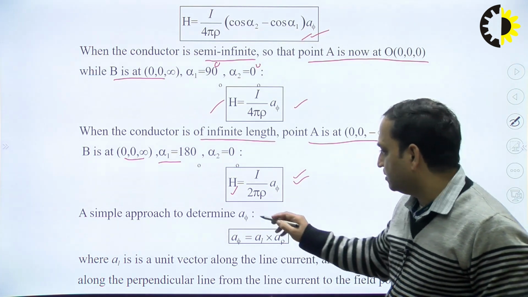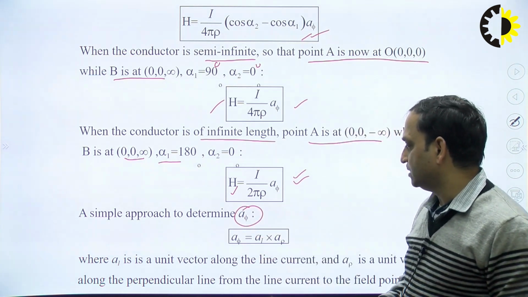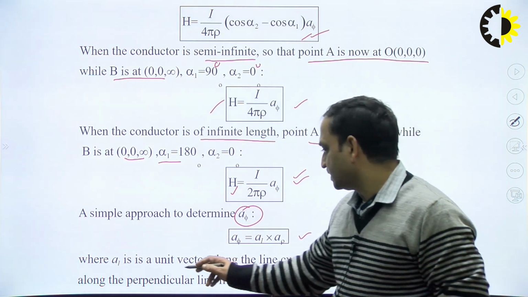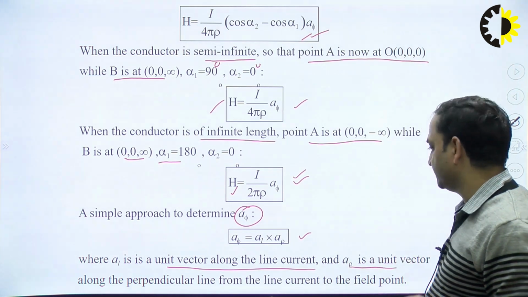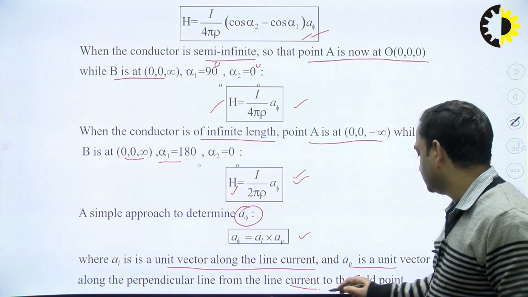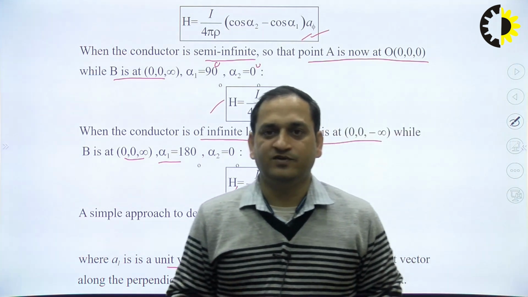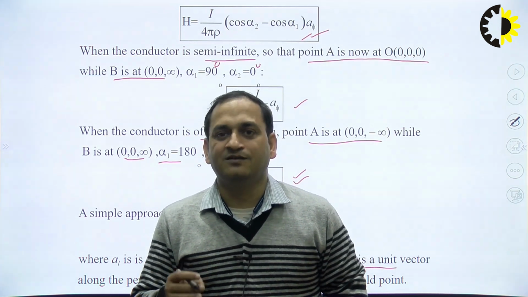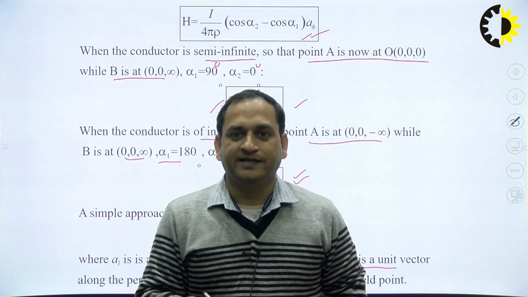Okay, so this is one of the formulas you can go through: A phi is equal to AL cross A rho, right? So AL is what? This is a unit vector along the line current, and A rho is the unit vector along the perpendicular from the line current to the field point. Okay, so I hope this derivation is clear to all of you to find the magnetic field intensity due to the infinite line current.